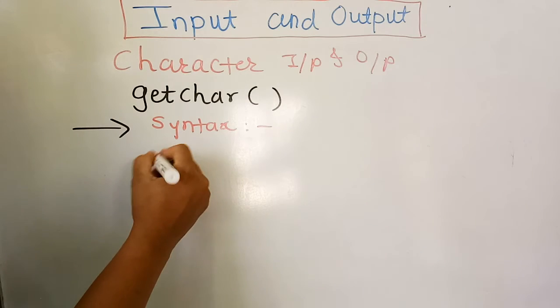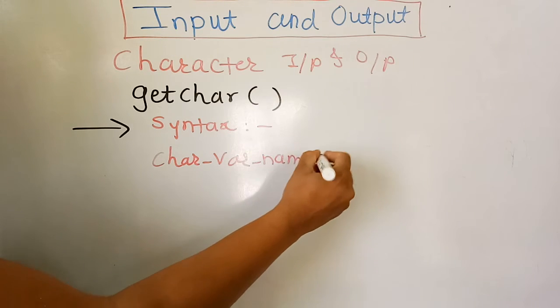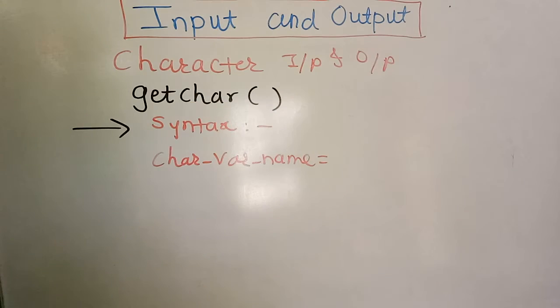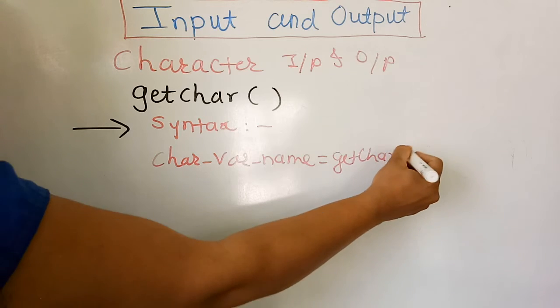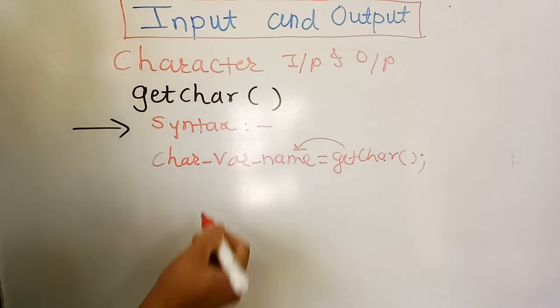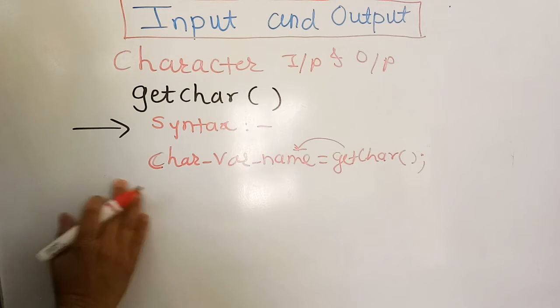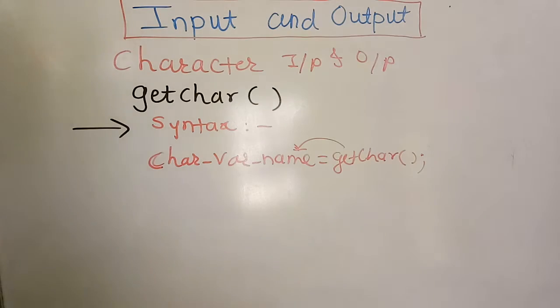So you specify the character variable name, which will save the value accepted by getchar. The value accepted by getchar is stored in this character variable which you are specifying, and that will be printed on the screen. So this is the mechanism behind the getchar function.